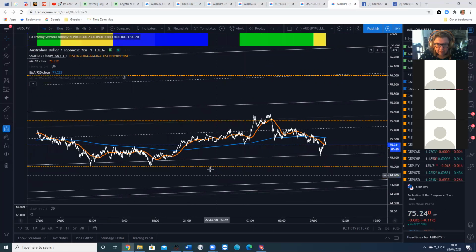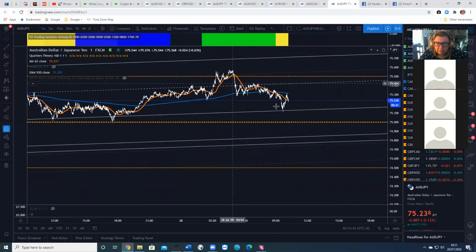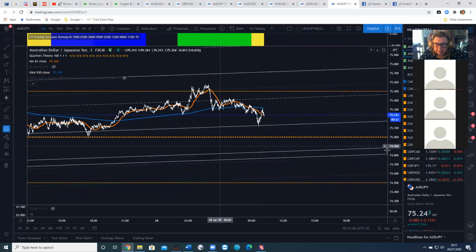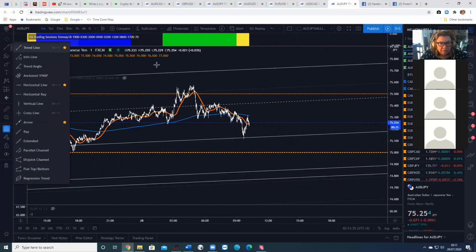So on AJ, we've had a pitchfork touch. There's quarter theory, all the gaps widening on that. It's come up to test the 15-minute. So there's our downward trend there.